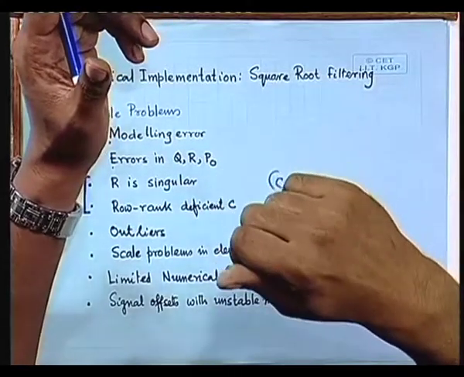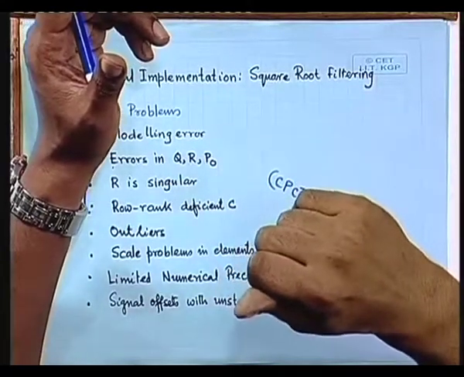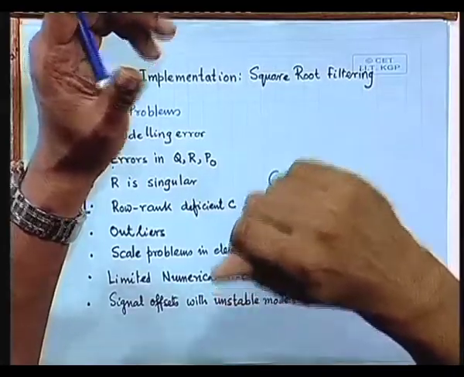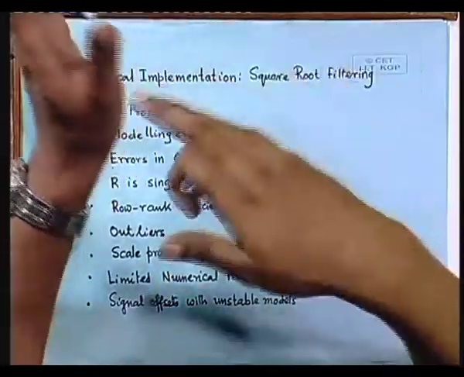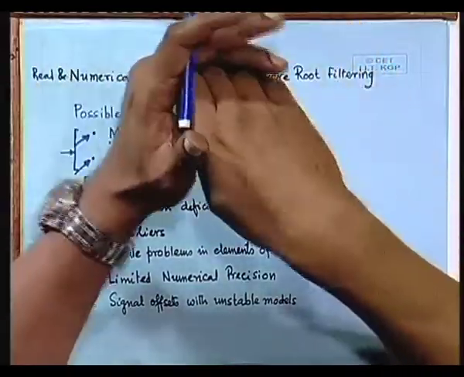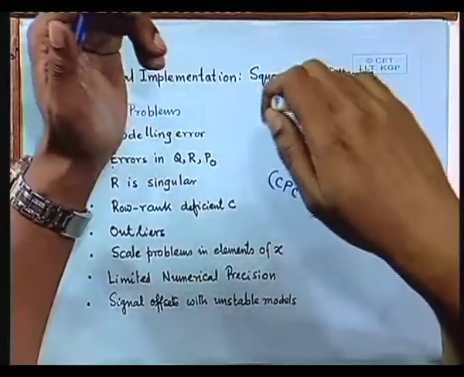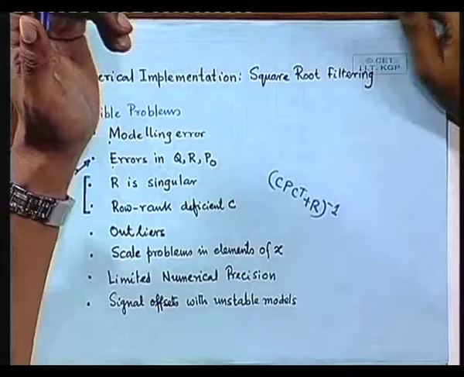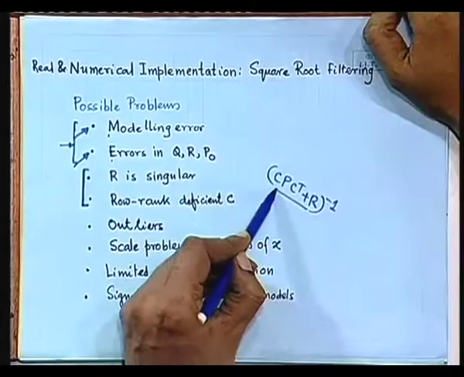Just imagine that you are in mid air, flying some object which constantly works on your target, and then in mid air your Kalman filter has become singular. What a situation to be in, right. So this can become singular.